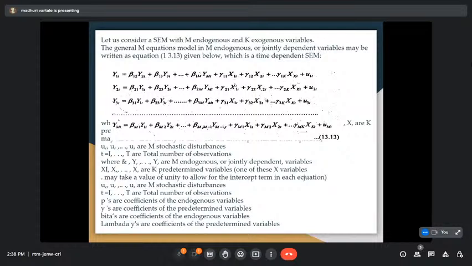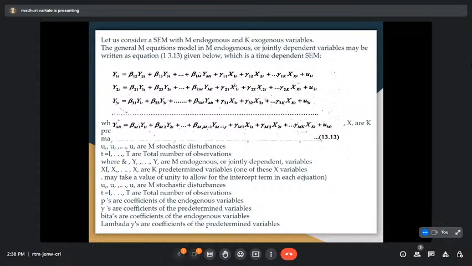That is, the m stochastic disturbances are there, and t is the total number of observations. So it depends upon the sample and then the exact data of the observations.